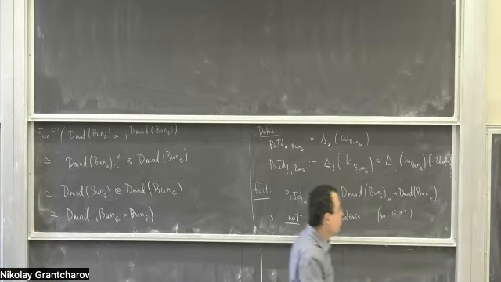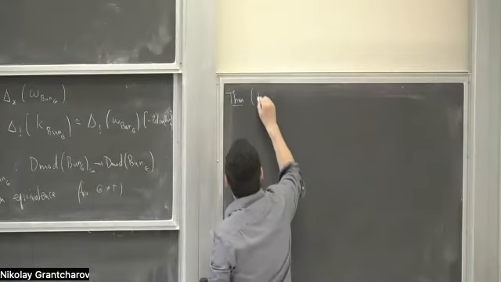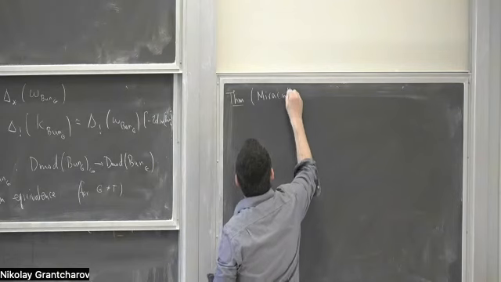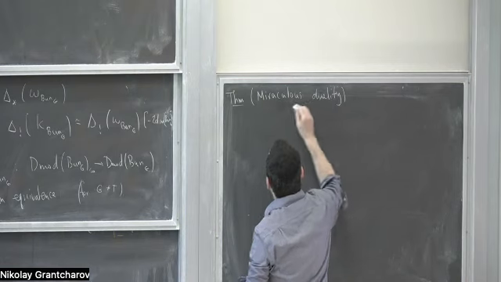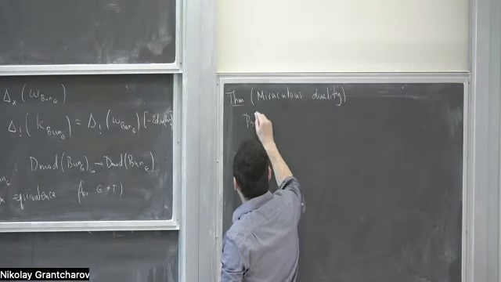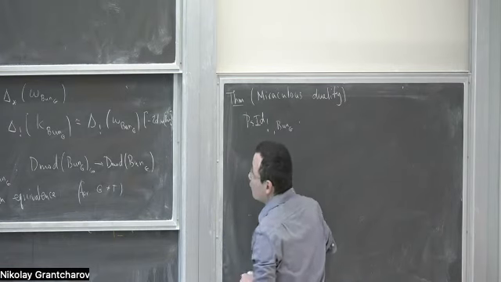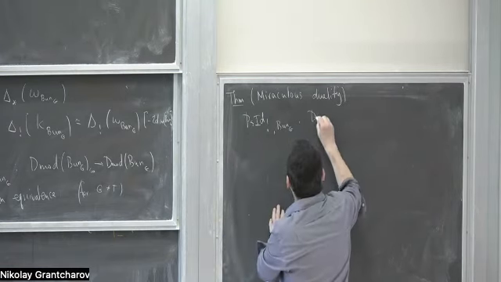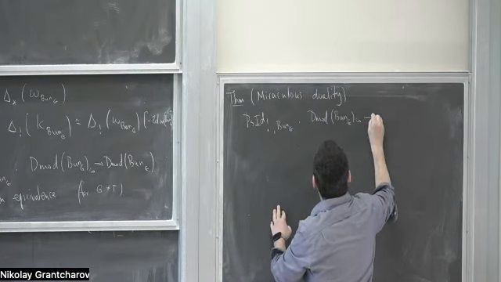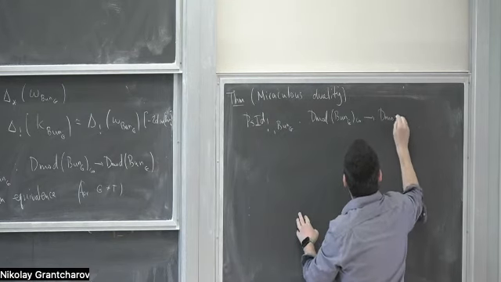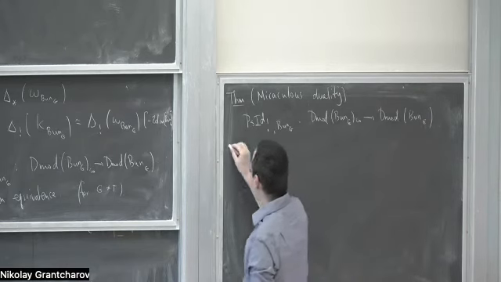But so the theorem, miraculous duality, is that this other pseudo identity functor is an equivalence.